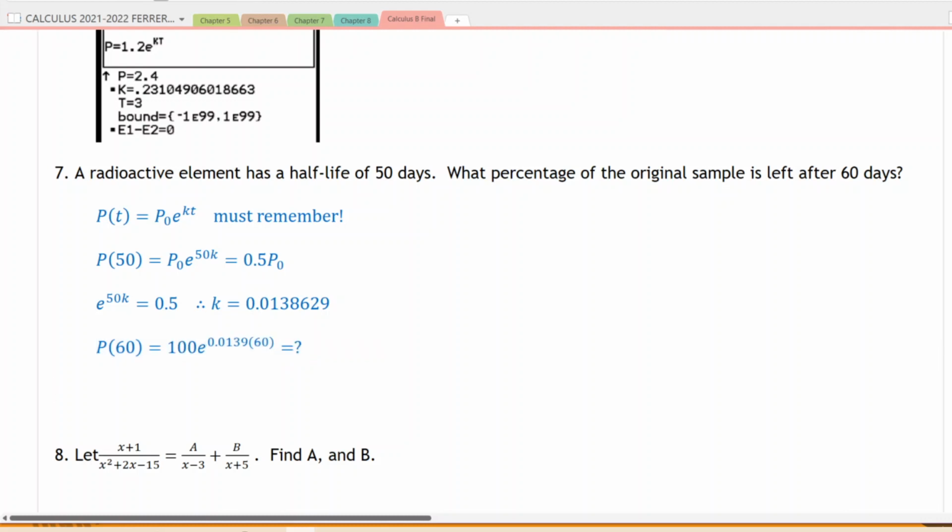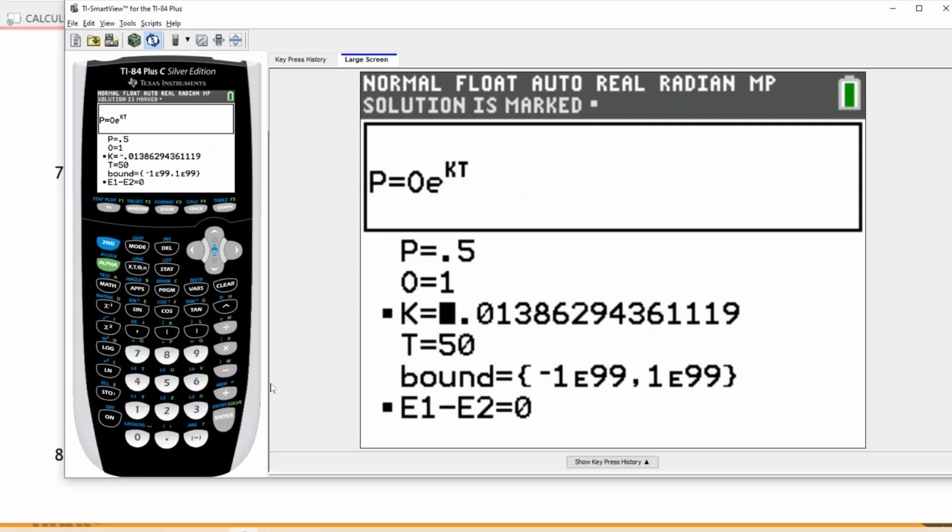So I'm going to put this into my calculator. We'll make our original amount 100, and then we'll change T to 60.